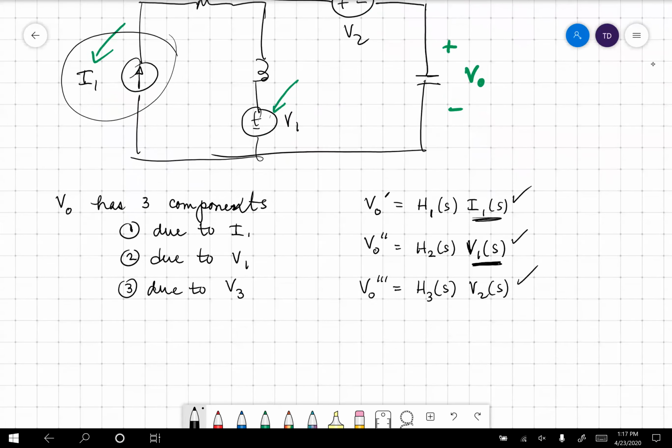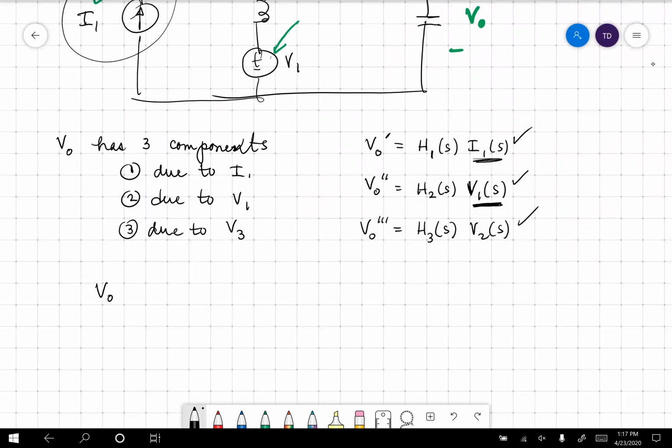And then we know VO is equal to VO prime plus VO double prime plus VO triple prime. So there's your 3 system functions. You cannot find one system function for this circuit because there are 3 inputs. You have to find 3 separate ones. We're not going to do a lot of that. I just want you to be aware of it.